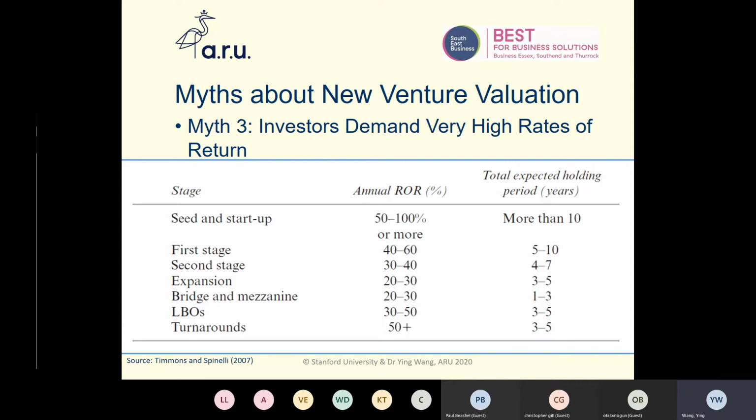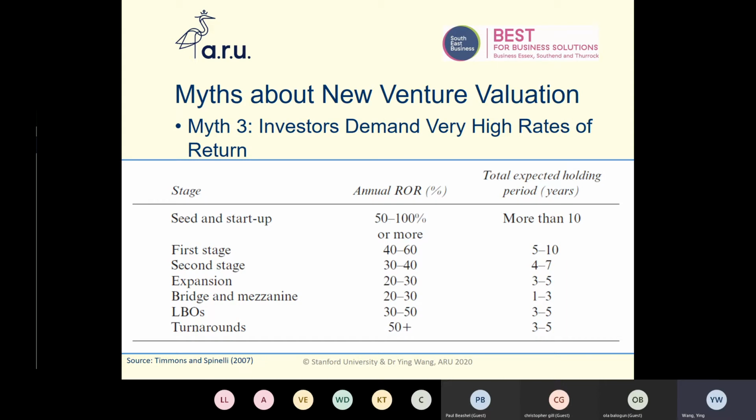Of course, here the return mainly relates to equity investment. If it is a seed stage or startup, the rate of return could be 50 to 100%, even more, and the total expected holding period could be more than 10 years. For example, angel investors and some venture capitalists seek very high returns in startup and seed investment.